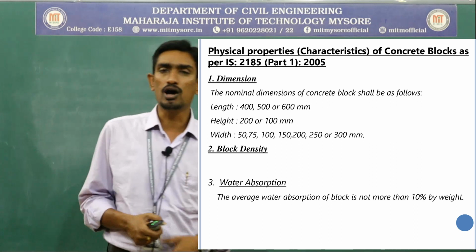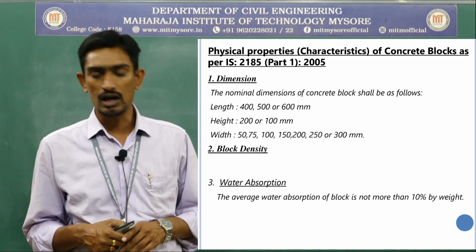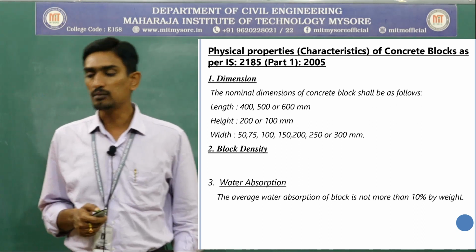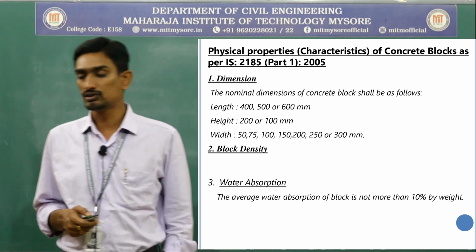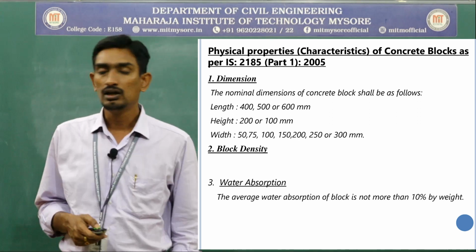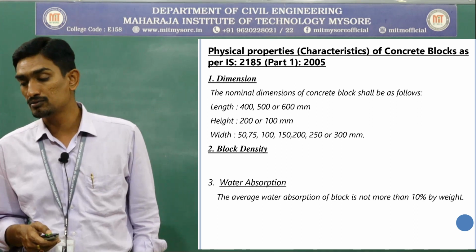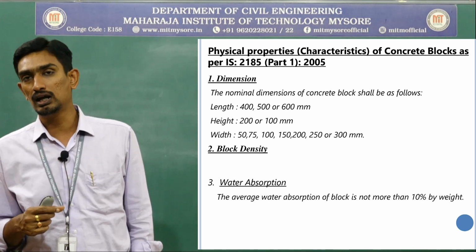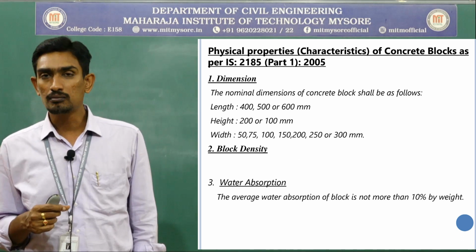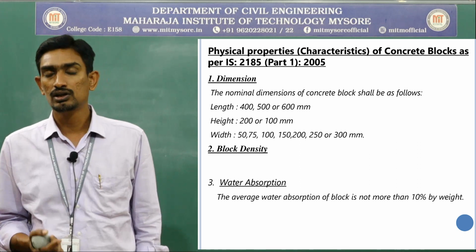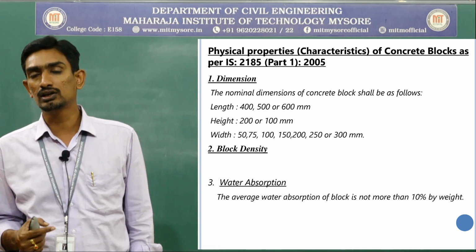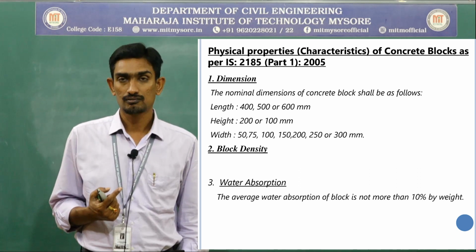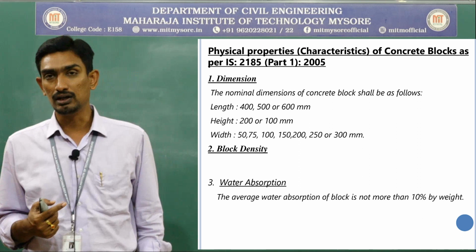Likewise, in the concrete block also, we need to look into the characteristics, requirements or properties. Number one, dimension, which has been discussed. The dimension may be 400 mm, 500 mm, 600 mm, and height, that is the thickness, which has been highlighted: 200 mm, that is 8-inch thickness, 100 mm, 4-inch thickness, and sometimes we also go with 6 inches, that is 150 millimeter.